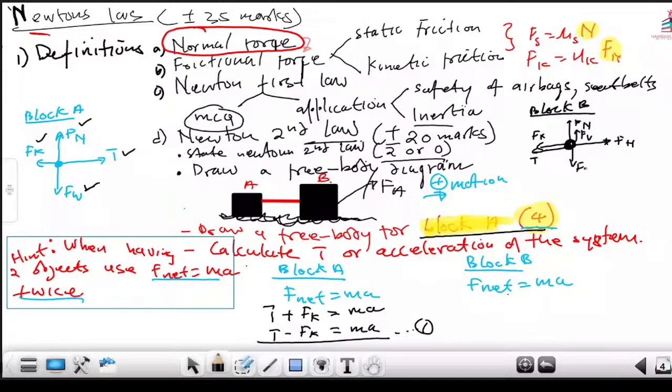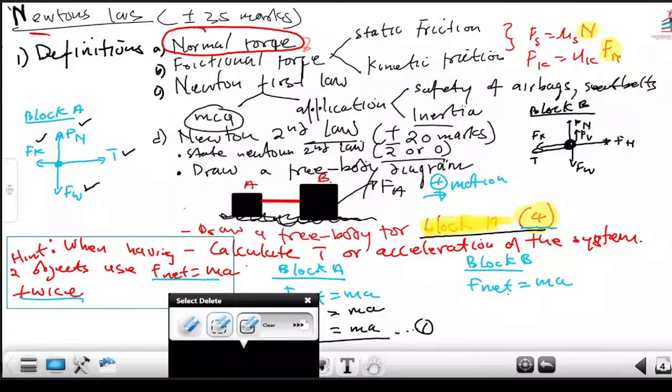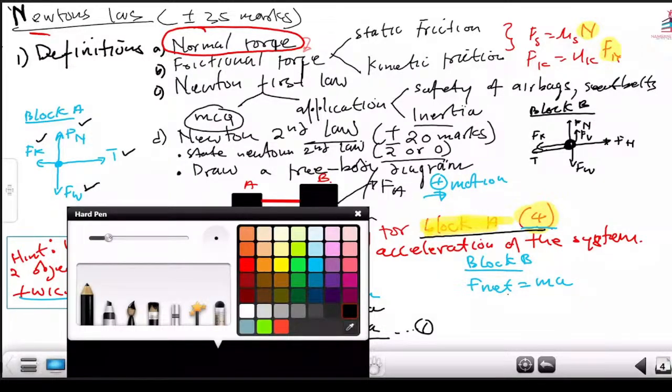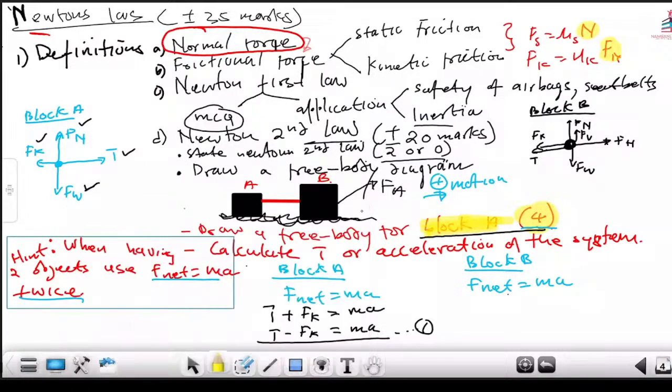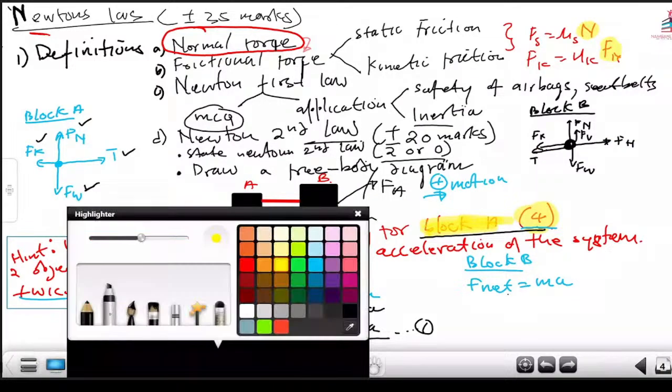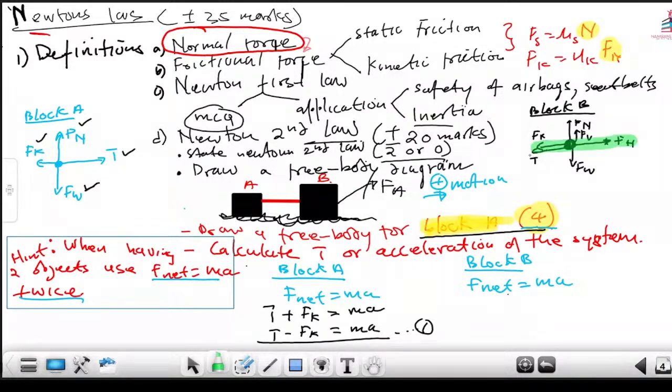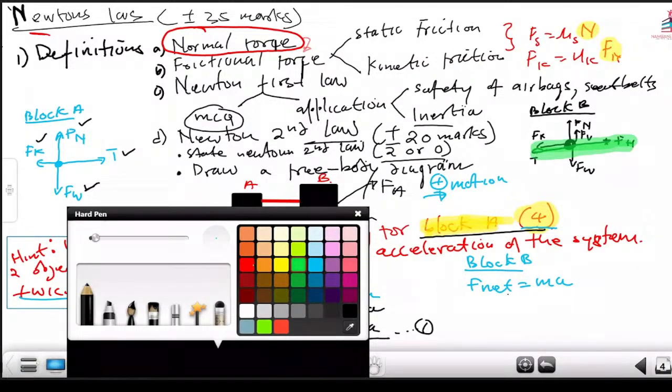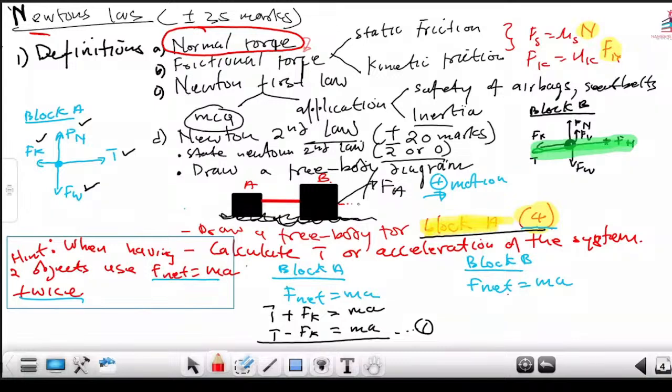So now, ladies and gentlemen, I am told that the object is moving horizontally. So I can only focus on the forces that are doing work horizontally, or that are actually making this object accelerate horizontally. Even if the object is pulled at a certain angle here, it doesn't necessarily mean the object is moving in the direction of the force applied.